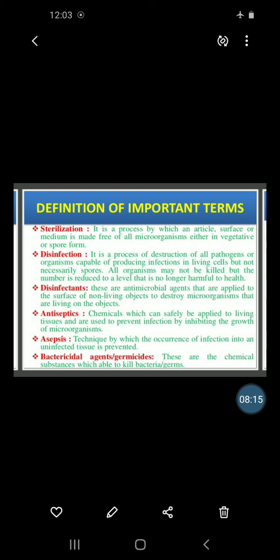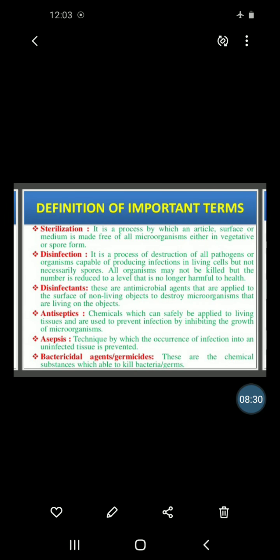Then the third method is the mechanical or filtration method. In that, first membrane filters, then seitz filters, then candle filters, then sintered glass filter, and last the HEPA filter.